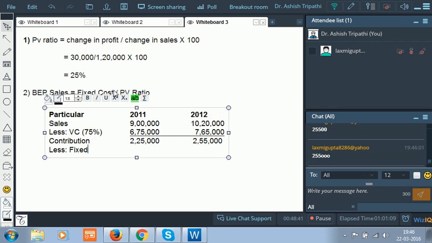So we got contribution. From this, what do we subtract? We subtract fixed cost. But we don't know fixed cost. That is what we are here to calculate. We are trying to find out how much the fixed cost is, but we don't know it. Then what to do? Yes, we know profit.